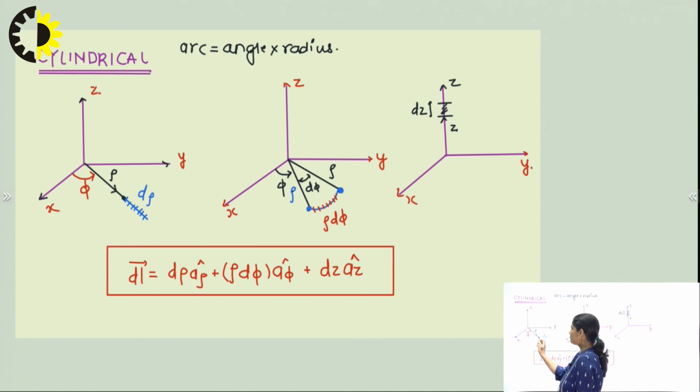We consider some part of rho in the increasing direction of rho, which is represented as d rho. So we have to find the differential length. The first case is for rho, where we are considering some part of rho, the differential rho.